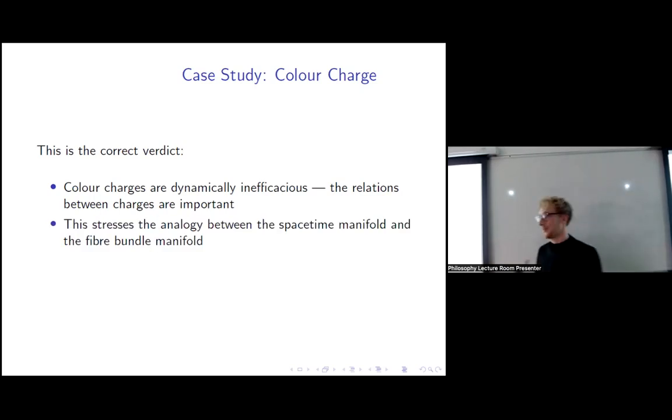Another reason is to stress this analogy between the space-time manifold and the fiber bundle manifold. There have been philosophers like Arnsenius and Joe Wolf who have developed views which you could call something like quantity substantivalism, on which we really should think of those value spaces, including fiber bundles, as being substantive.